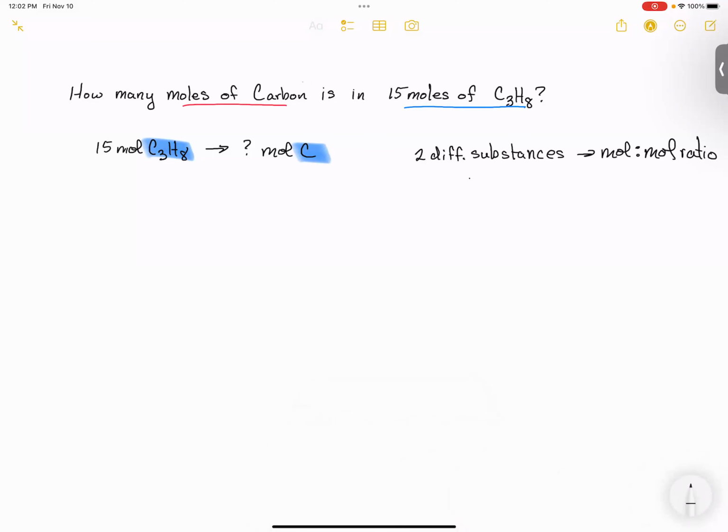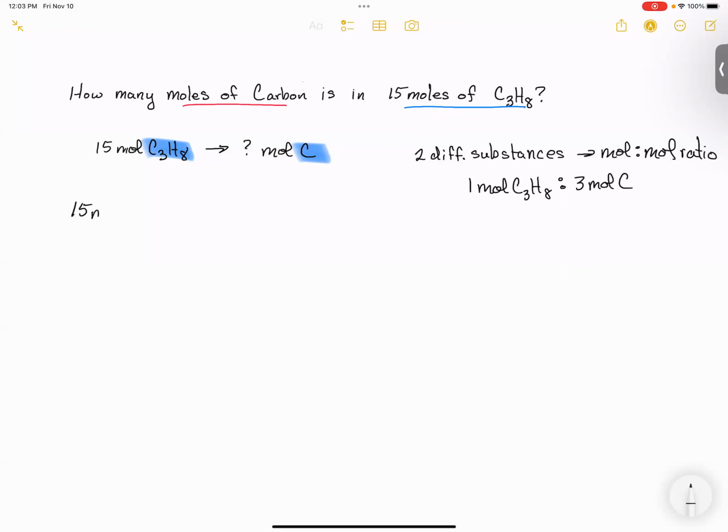According to the formula, for every 1 mole of C3H8, there are 3 moles of carbon. The other is mole to mole. So I've already got moles in my conversion factor. So I'm ready to do the math.